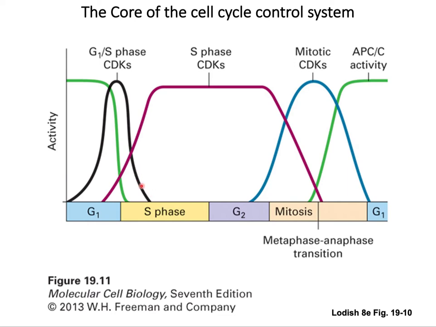So you have additional S-phase CDK cyclin dimers that are active in the S phase, shown here in red, and their activity drops off in the late G2 or during mitosis. You have the mitotic CDK cyclins that operate during mitosis, and also shown in this slide is the activity of this APC/C, which is an ubiquitin ligase.